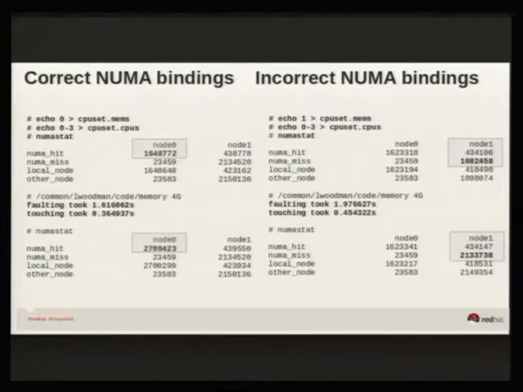When you start out you can see that you get all hits, in other words, local memory accesses and no increase in misses, which are remote memory accesses. And if I do it 100% wrong, so I say I want to run on CPU 0 to 3 on node 1, which is all remote memory accesses, and do the same thing again, the hits don't change at all. It's all the misses that change, and that tells you that you're out of time.